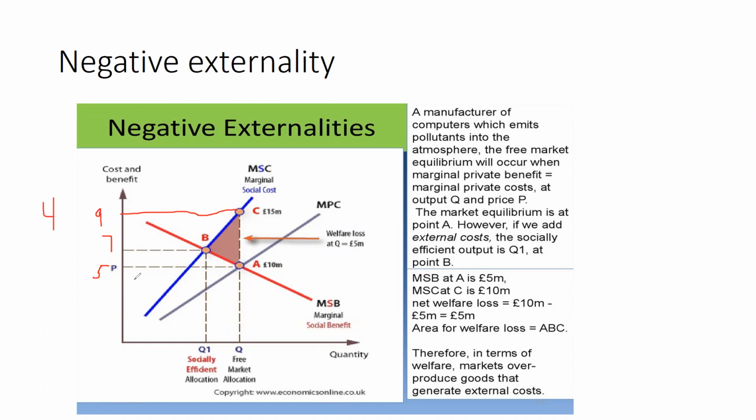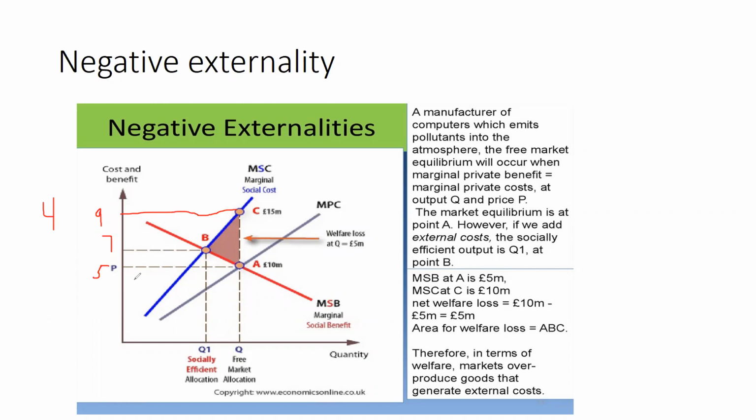And if you look at Q free market compared to Q1, quantity went down. So the tax will increase price and decrease quantity, and again, eliminate deadweight loss because you're at socially optimal. In all these situations and all externalities, you are trying to get to socially optimal. If you get to socially optimal, there is no deadweight loss.